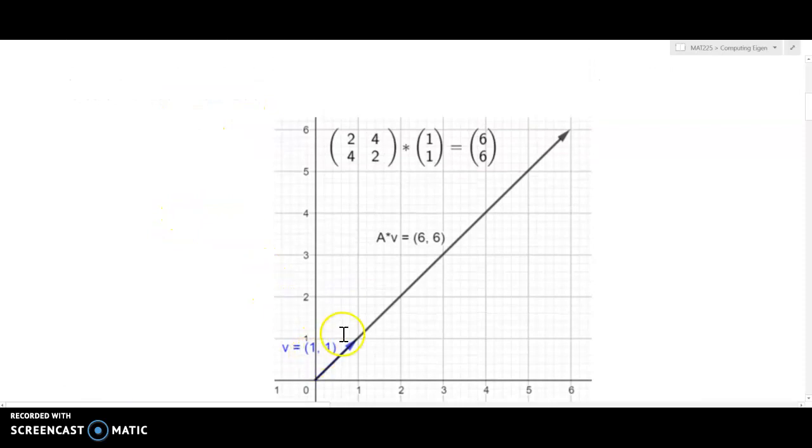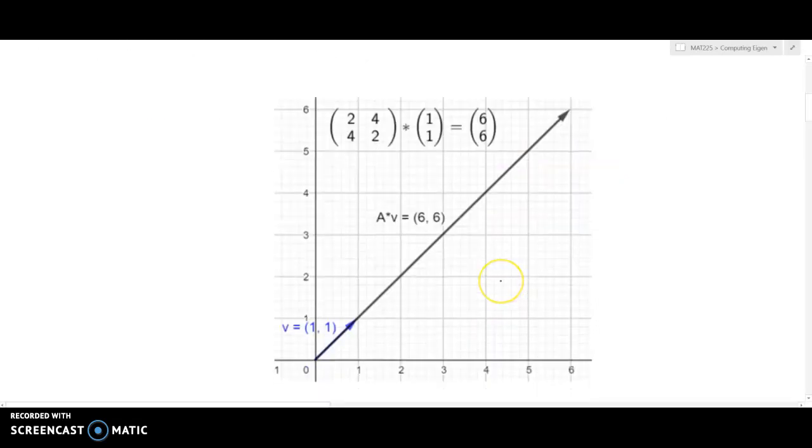If we look at the 1, 1 vector and multiply it by the A matrix 2, 4, 4, 2, we get the vector 6, 6, which means that the 1, 1 vector was scaled by a factor of 6, and therefore the eigenvalue here is lambda equals 6. Once again, we can write this as 6 times the 1, 1 vector. So all that happened to the 1, 1 vector down here is it got scaled up by a factor of 6.